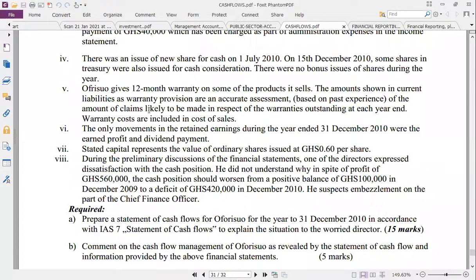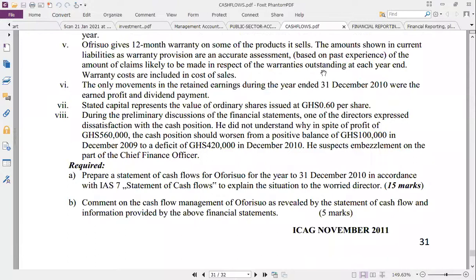The amount shown in current liabilities as warranty provision is an accurate assessment, based on past experience, of the amount of claims likely to be made in respect of the warranty after next year. Warranty costs are included in the cost of sales. So, let's go. Now, provision. Warranty is a provision. All provisions are non-cash items. Let's reverse it.